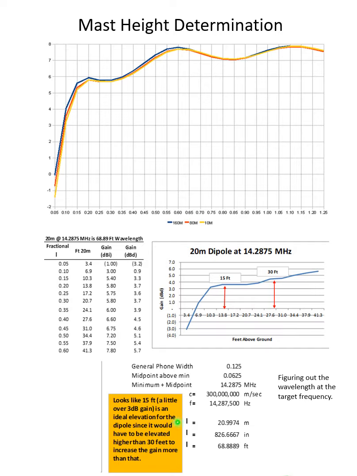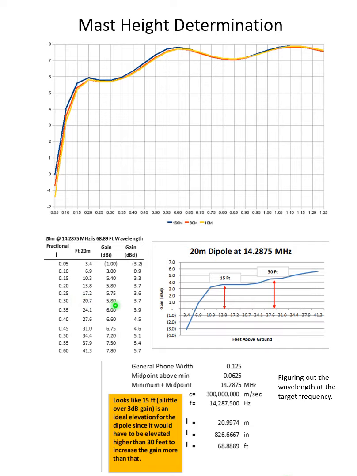So what I did is I took each one of these fractional values and multiplied it times that 68.9, and that shows you the feet above ground that fractional wavelength is. So right here, 0.3 lambda, we're at 20.7 feet. That's kind of where we were operating.